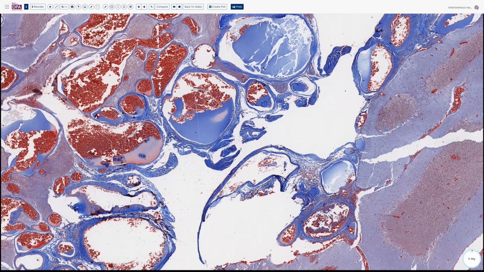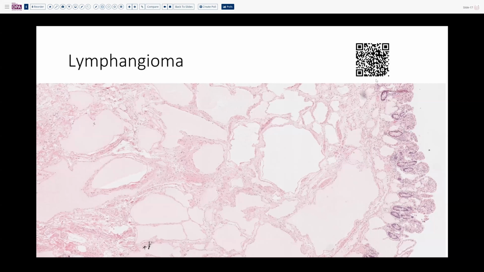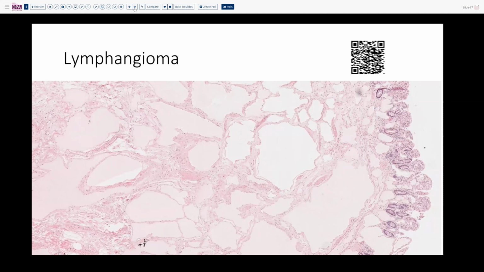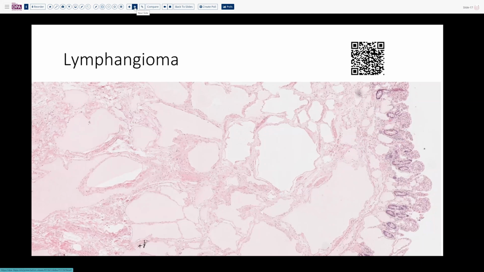So next entity we'll talk about is the lymphangioma. Again, lymphangiomas are kind of what they say. Large dilated cavernous spaces, but generally lacking in the typical red cell component that we would expect in venous or angiomatous lesions.